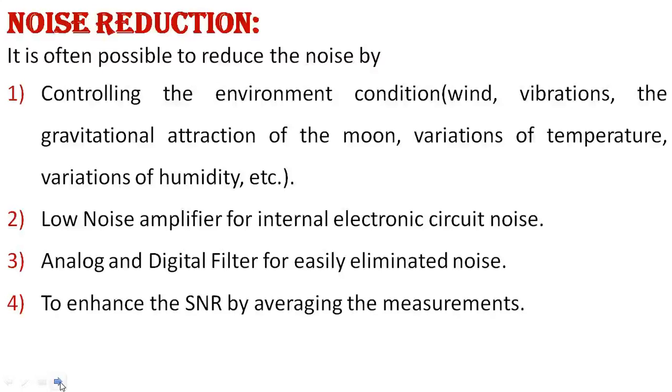Second one is the low noise amplifier for internal electronic circuit noise. Third one is the analog or digital filter for easily eliminated noise. And fourth one is to enhance the SNR by averaging the measurements. So we have to increase or enhance the performance of SNR by averaging the measurements.